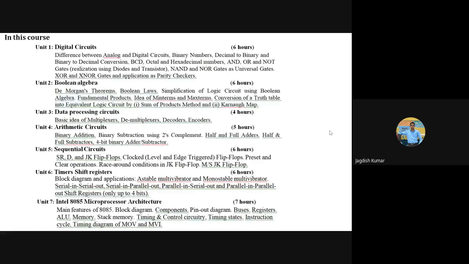Okay, fine. So this is the syllabus, what we are going to do during this course. In our first unit, we shall be talking about the difference between analog and digital circuits, which we already have talked about. Now, since we have seen the basic operations AND, OR, NOT, the question is how these zeros and ones are converted into the numbers which we actually deal with.